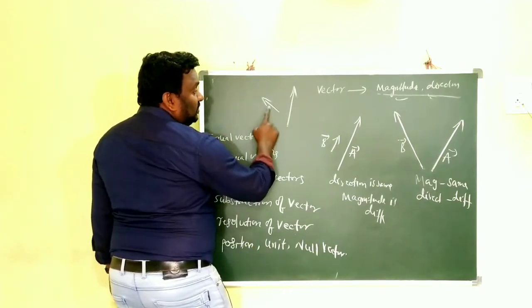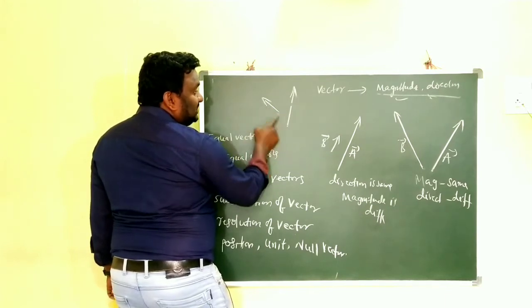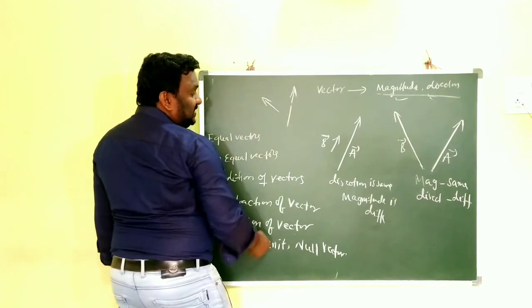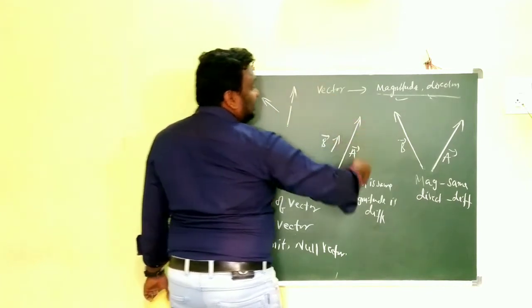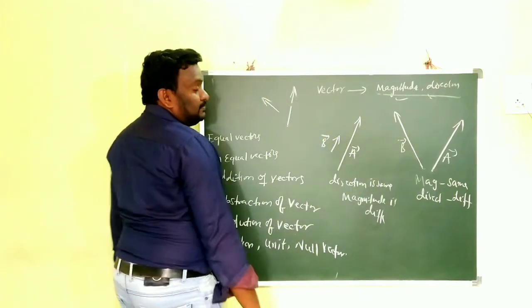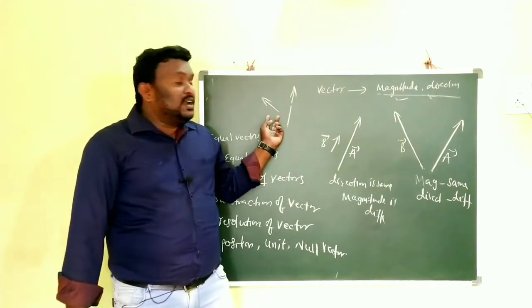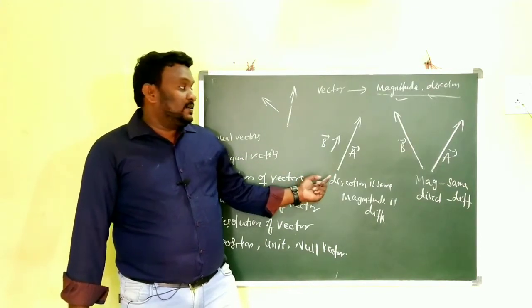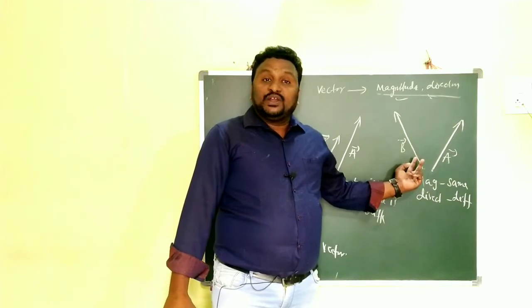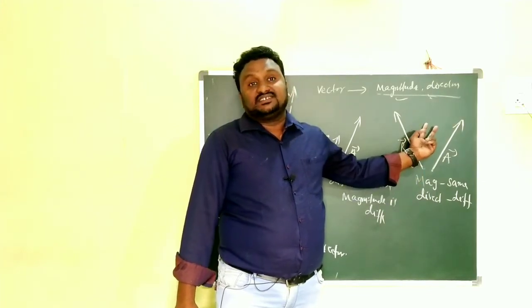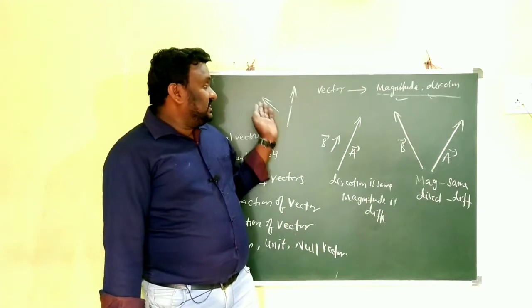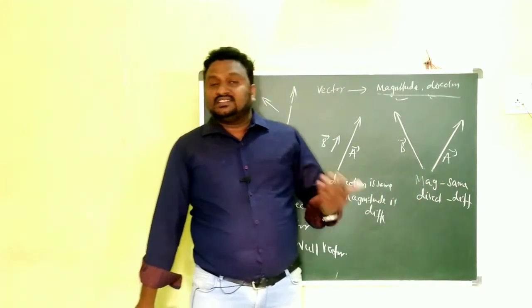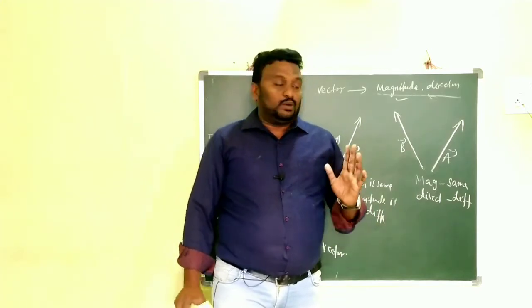Here the length is different, that's why the magnitude is different, and the direction is also different. That's why unequal vectors means any one of these three is possible. Here magnitudes are different and directions are different. Here the direction is the same, the magnitude is different, and here the magnitude is the same, with different directions. So children, this is about unequal vectors and equal vectors.